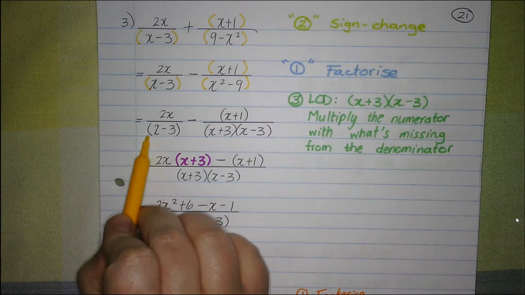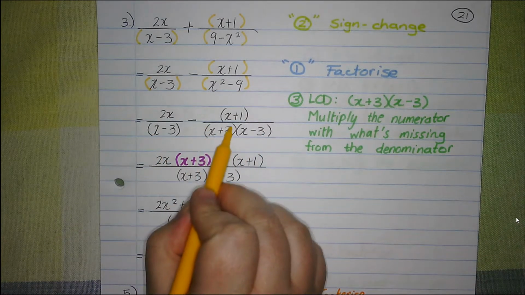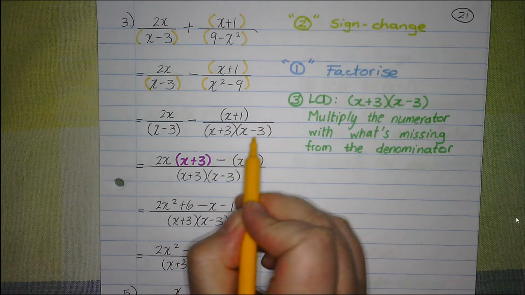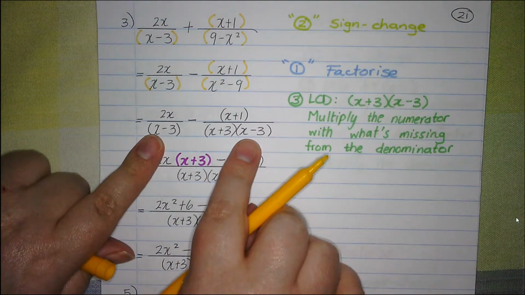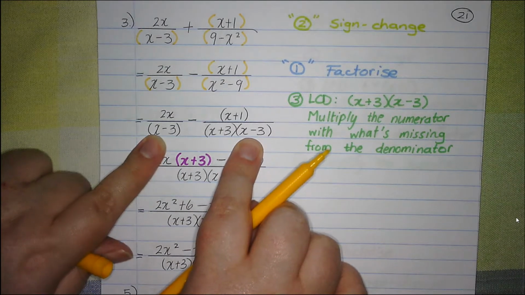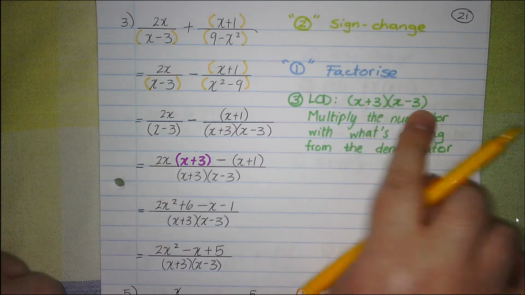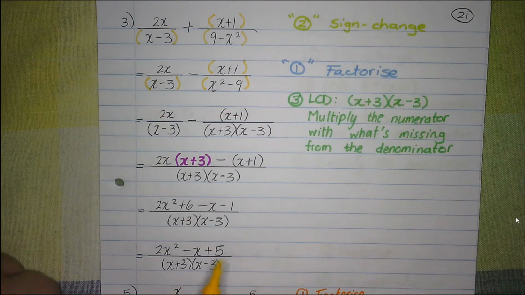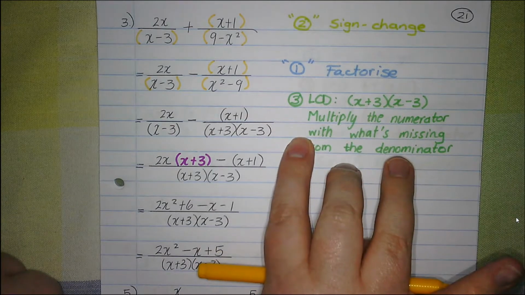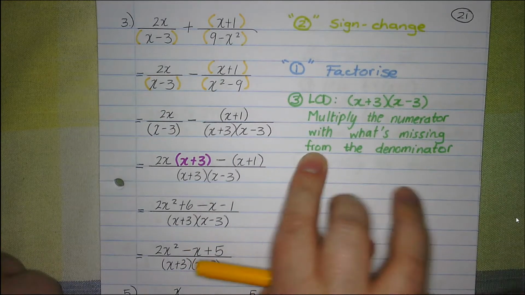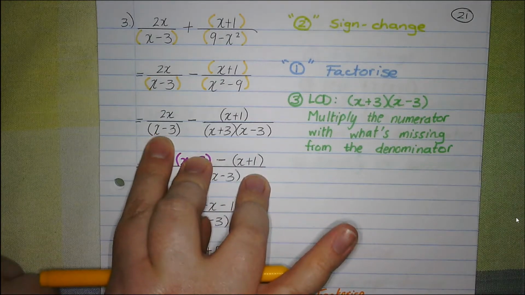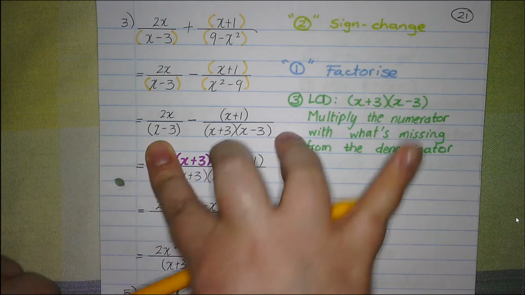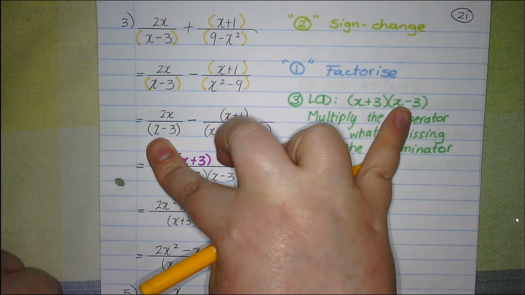Now that we have x minus 3, and we have x plus 3 and x minus 3. So the LCD consists out of x minus 3 and x plus 3. So you'll see there my LCD consists out of both brackets. We multiply the numerator with what's missing from the denominator. So this one over here, for the LCD, it already has x minus 3.